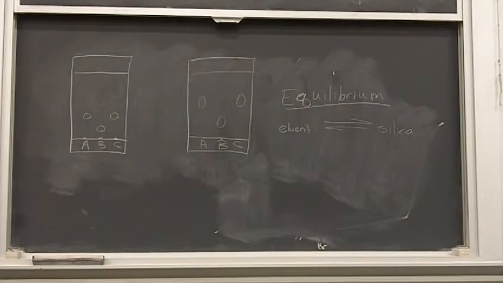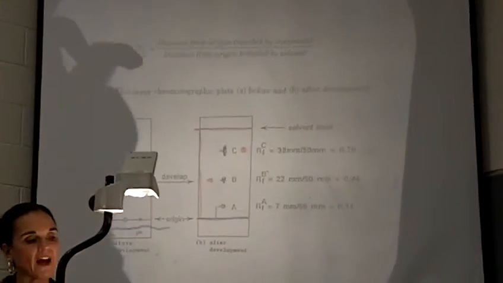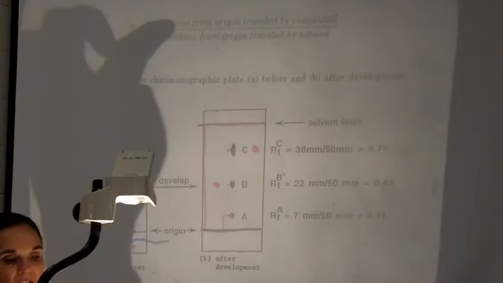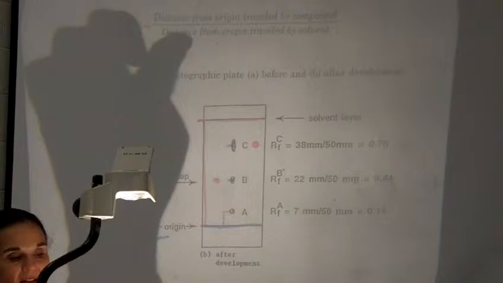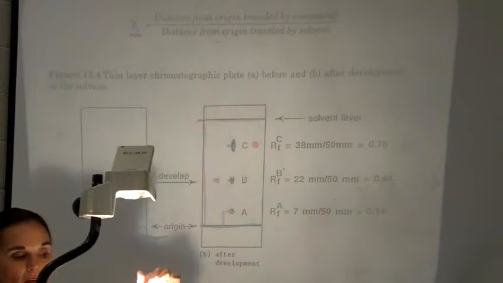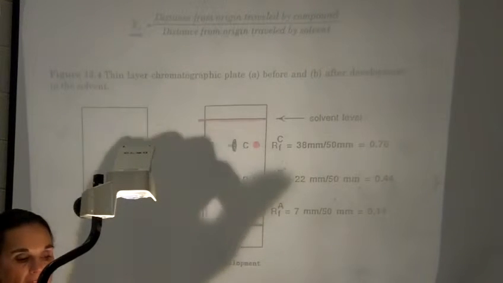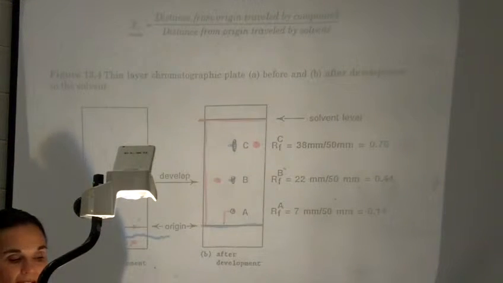And so when we talk about what is going on with the spots with a TLC plate, what we use is what is called an RF factor. So the distance from the origin traveled by the compound divided by the distance from the origin traveled by the solvent gives a unique number, and that's how we talk about a particular compound on a TLC plate.